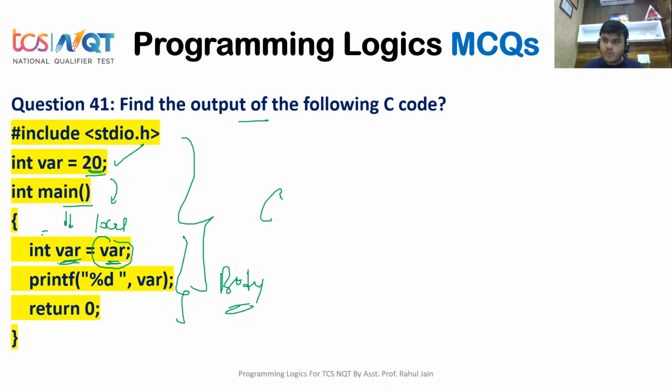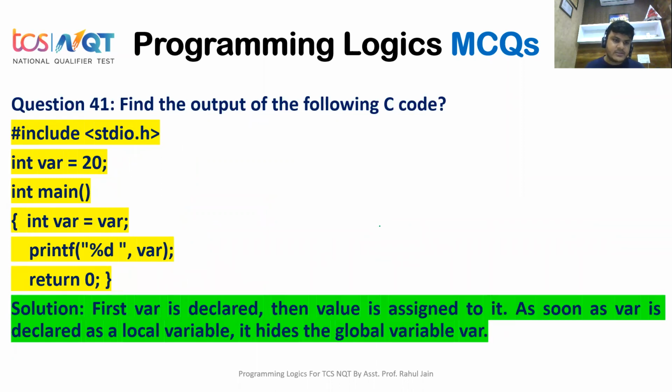So this is the wrong way of declaration. Hence, an error will be there, no output. The next, you can see the explanation: first var is declared, then a value is assigned to it. As soon as var is declared as a local variable, it hides the global variable var, right? So I hope it is clear.